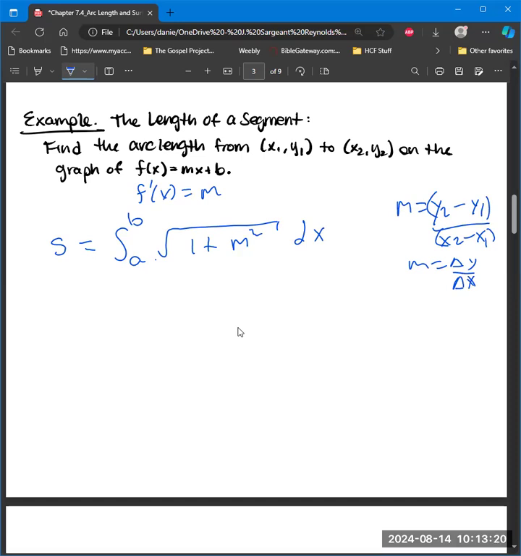So S is going to be the integral from a to b of the square root of 1 plus y2 minus y1 over x2 minus x1 squared dx.